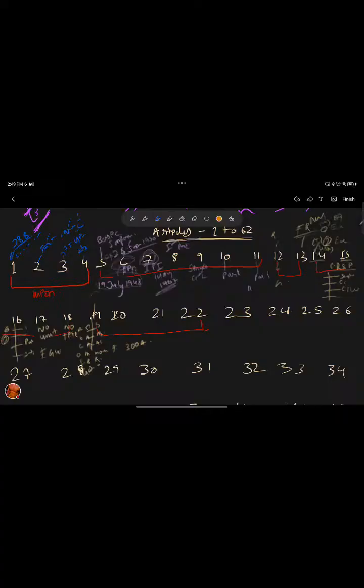Next is article 20. Article 20 gives you three protections: no double jeopardy, then no ex post facto, then no self incrimination.